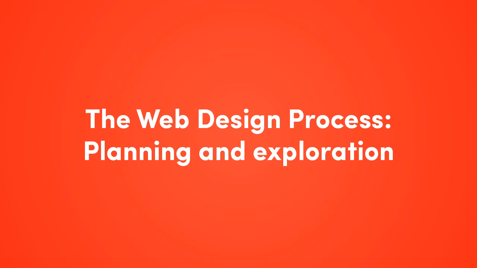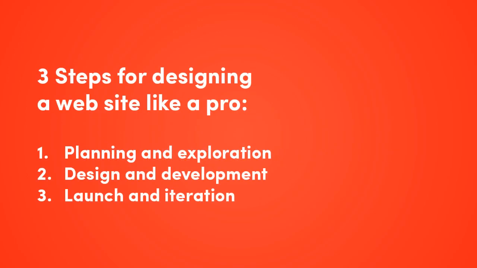This is the process you have to go through to create a professional web design or website as you see on the web. So these are the three main steps of the process of developing and designing a website. And as I said, number one, planning and exploration, is what we're going to cover in this video.